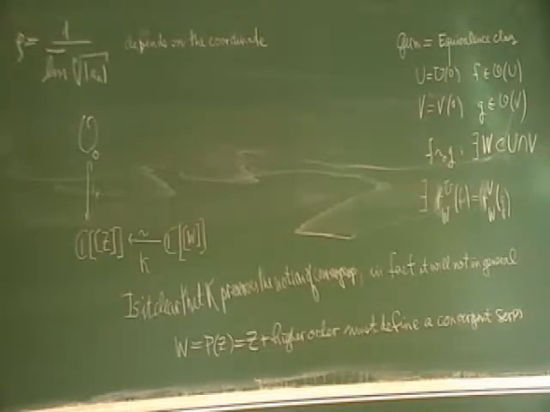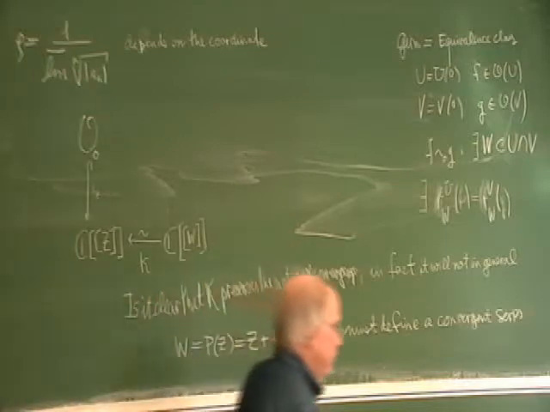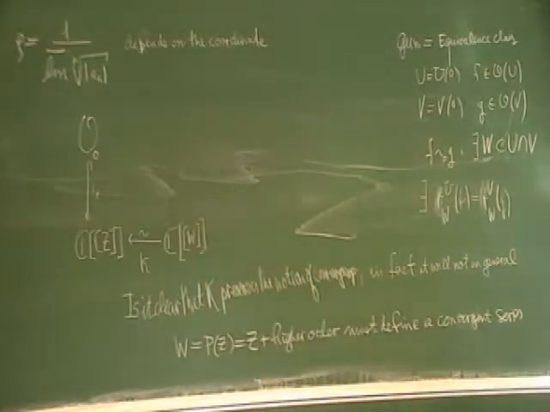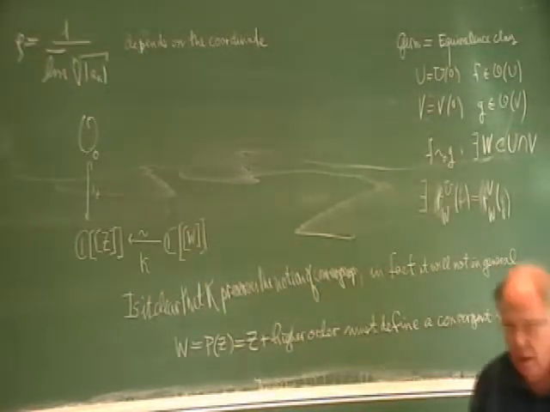And so what you have to have is that kappa has to preserve convergence, and that means that this series should be convergent. And now look what the heck that means.